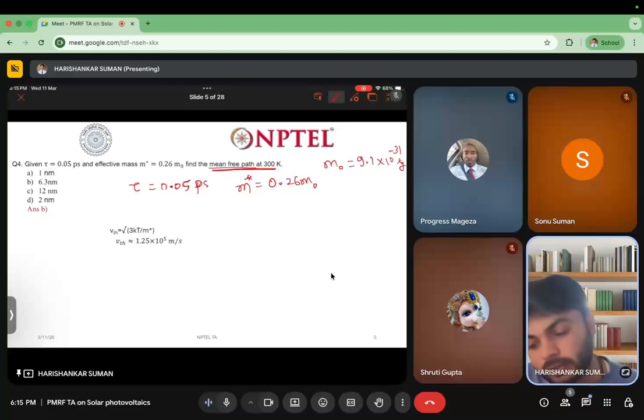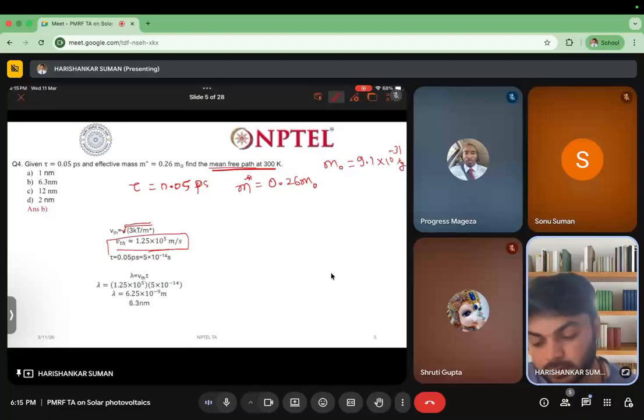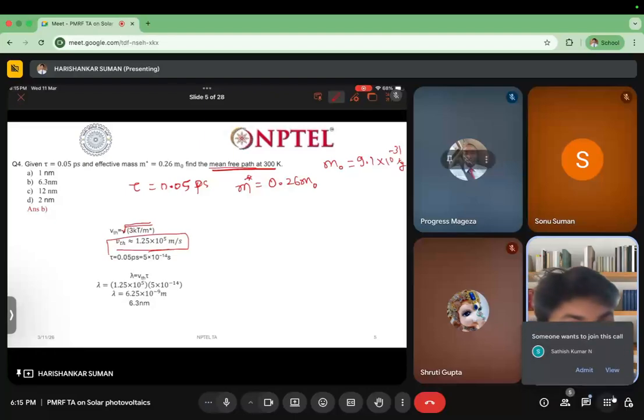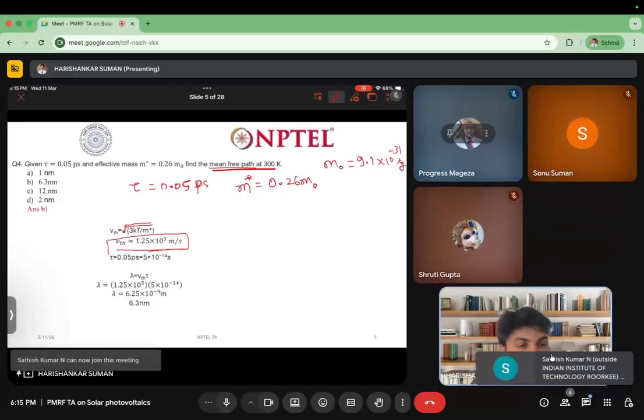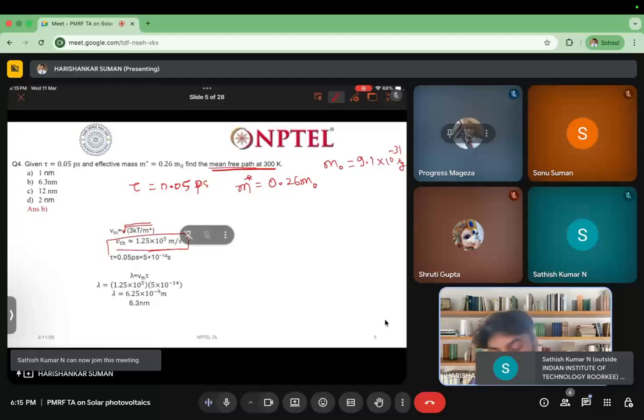From here, if you put kT by m, you will get VTH, and tau is given. So for the mean free path, you know distance, velocity and time are related.